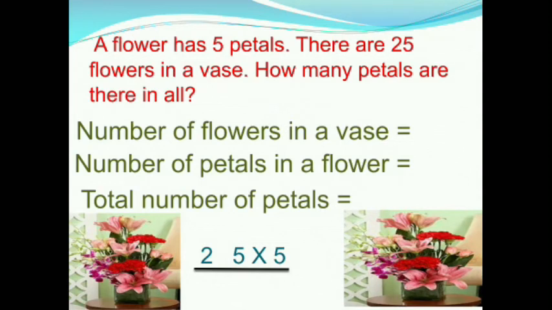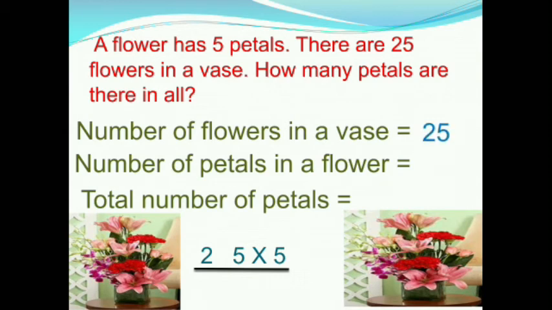Children, see this question. A flower has 5 petals. There are 25 flowers in a vase. How many petals are there in all? First we should write number of flowers in a vase. How many flowers are there in a vase? Yes, 25 flowers are there in a vase.